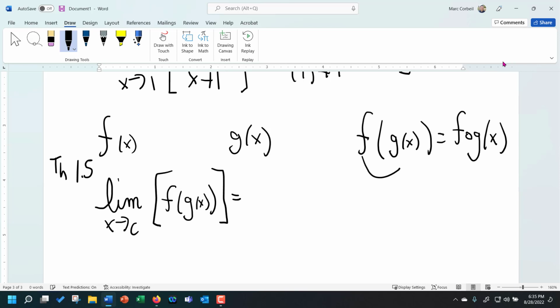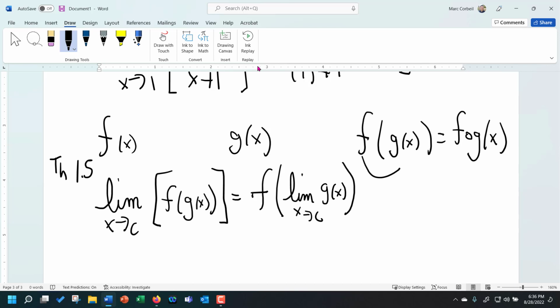What do we do with that? And this is simply, well, we're going to take the limit of the inner part. That actually is going to be, therefore, f of, and now we're going to take the limit as x goes to c of g of x.